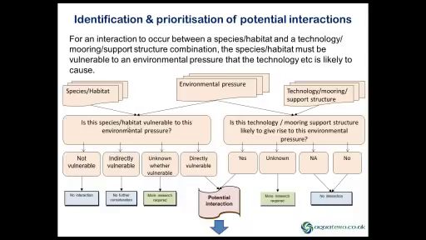And where there's a species or habitat that's vulnerable to a particular pressure, or a technology or mooring system that can give rise to that environmental pressure, we look at the interactions that may arise and evaluate their potential significance. What you could also see is there's a number of interactions which have no consequences or where there's uncertainty, and perhaps unlike some of the earlier presentations, what we've been trying to do is not focus too much on the uncertainties, but to park them and deal with them later on.